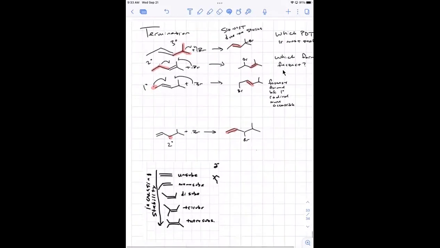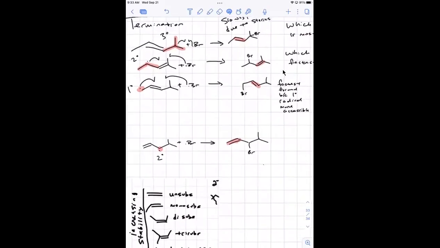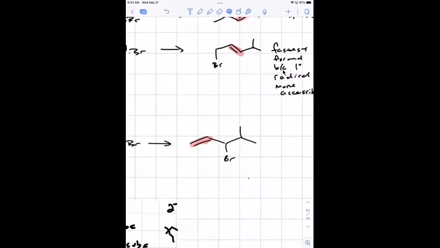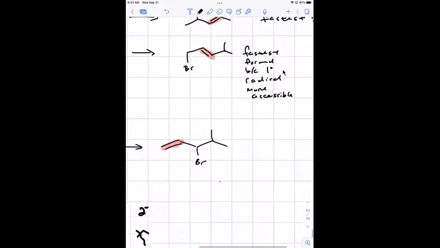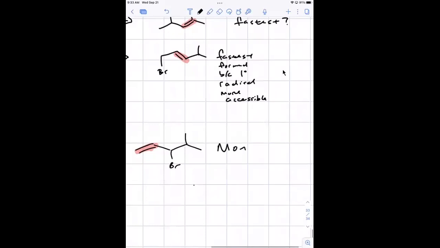Which one of those is monosubstituted? Meaning the double bond itself only has one carbon attached to it. The first one and the last. No, wait, it's this last one, I think. Yes, monosubstituted.